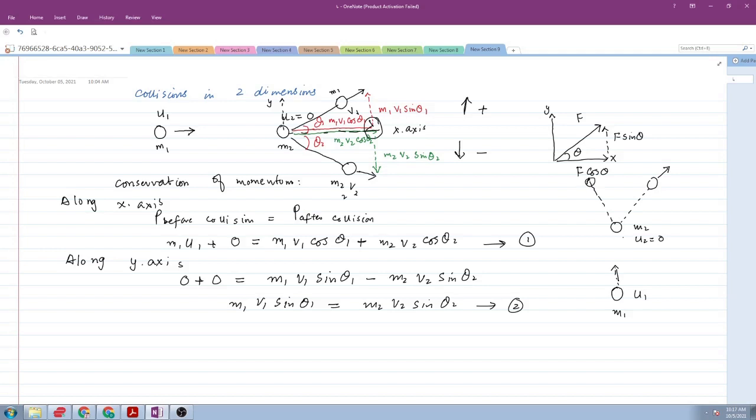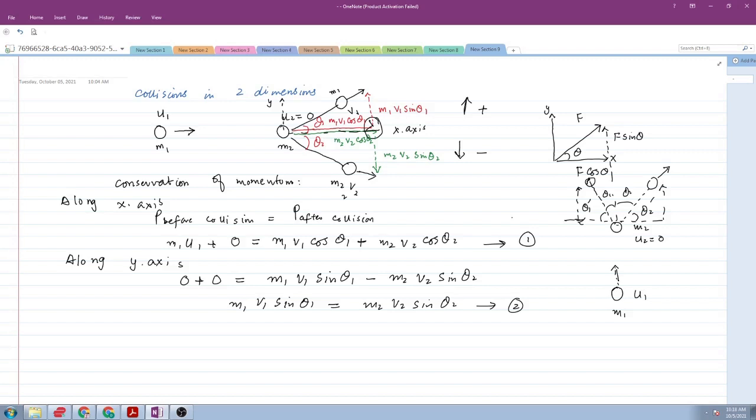Then we can simplify this based on these equations, and we can consider along the y-axis before collision the momentum is 0. The situation is the same, you just need to resolve the components. If you consider this one going here at angle theta 1 and this theta 2, you can also consider theta 1 dash and theta 2 dash, and based on that you can resolve the components. This is vertical, this is horizontal, vertical, horizontal. Based on that you can simplify your question.